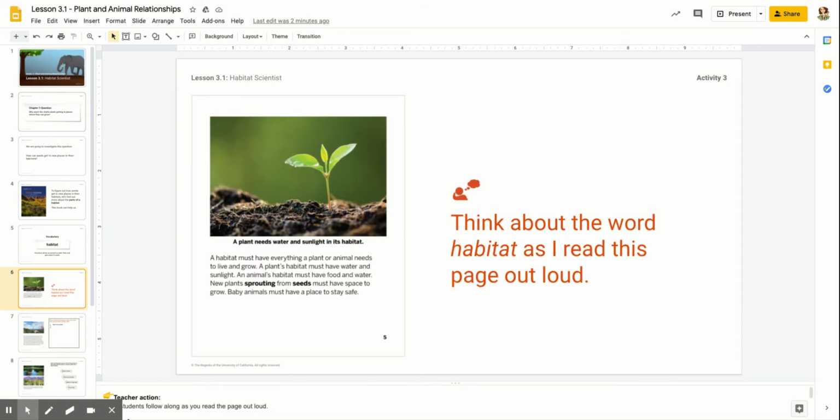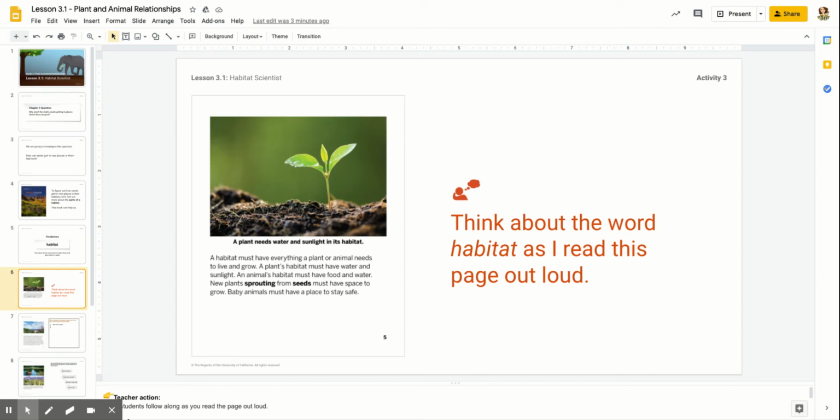So here I found this page in the book that can help us think about the word habitat. I want you to think about this as I read this page to you. A plant needs water and sunlight in its habitat. A habitat must have everything a plant or animal needs to live and grow. A plant's habitat must have water and sunlight.